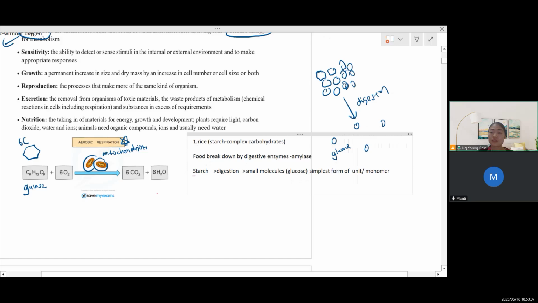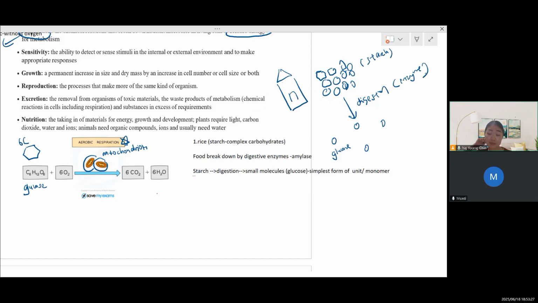You can imagine that the structure of the starch is like a very large, complex building, a very big building. After you undergo digestion, which is by the enzyme, the enzyme will break down this building into each of the units, which are the building blocks.